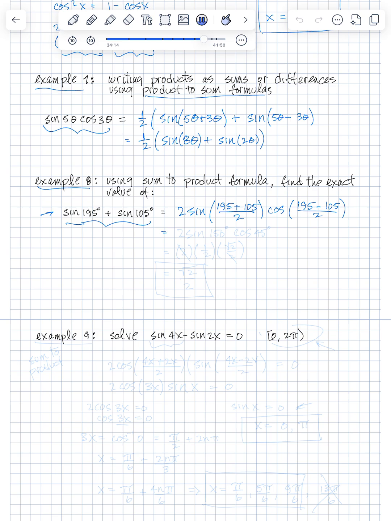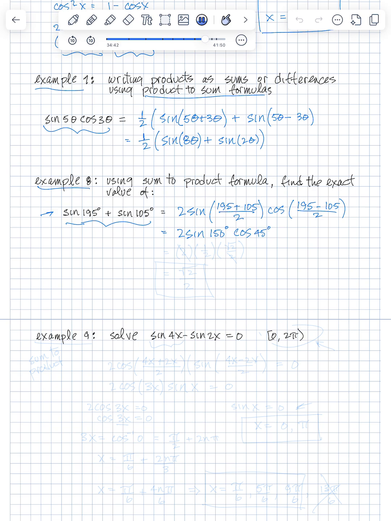So this is going to be 2 sine. So 195 plus 105 over 2 is 150. So it's 2 sine of 150. These are degrees. Cosine of 195 minus 105 over 2 is cosine 45 degrees.